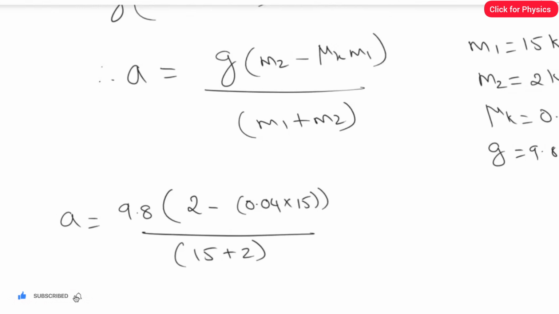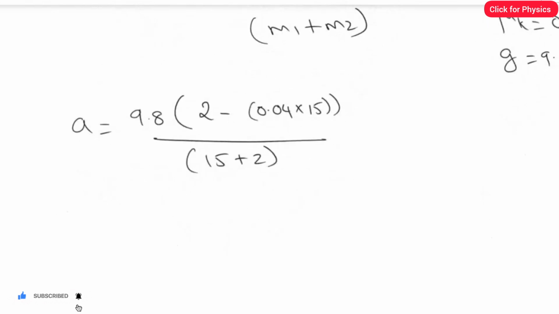So let's see what's the answer for the top of the equation. a is equal to 9.8 multiplied by the bracket inside value. So let's find the answer inside: 2 minus 0.04 multiplied by 15.